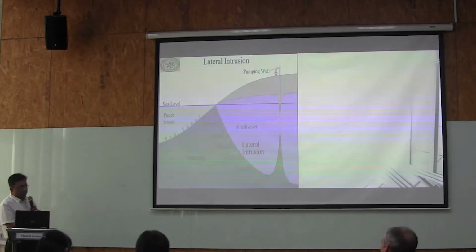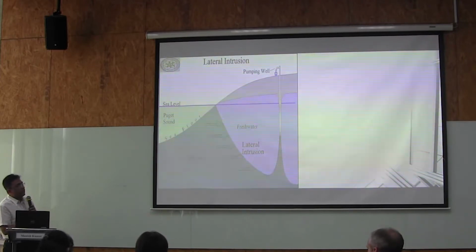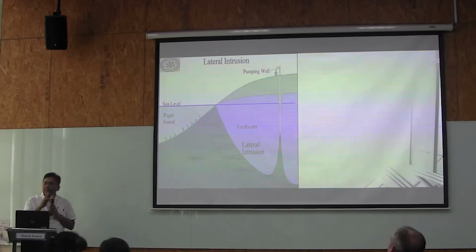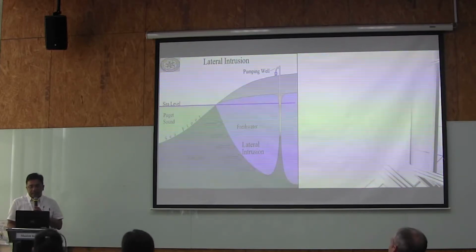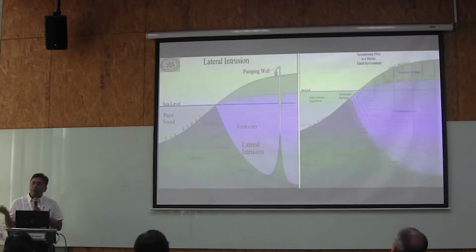If we withdraw the water, then this interface will change and the seawater will intrude into the fresh water. Most of us know about seawater intrusion. But the other side of the coin is submarine groundwater discharge.